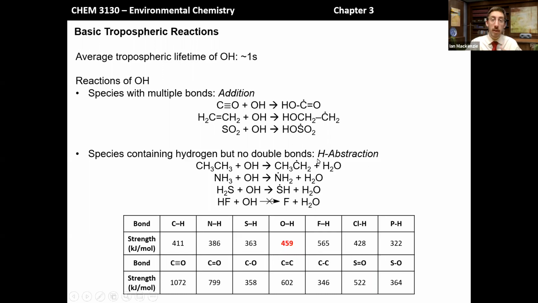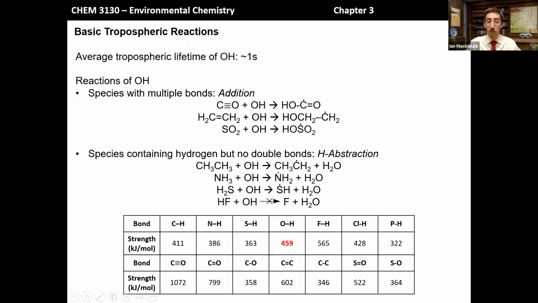So here, if I look at in this top reaction here, I'm breaking a CH bond, which is about 411 kilojoules per mole, but I'm forming an OH bond, so that's 459 kilojoules per mole. So in this reaction, the way that we draw our enthalpy is bonds broken minus bonds formed, and so 411 minus 459 is going to leave you with a negative number, and so this reaction will be exothermic.